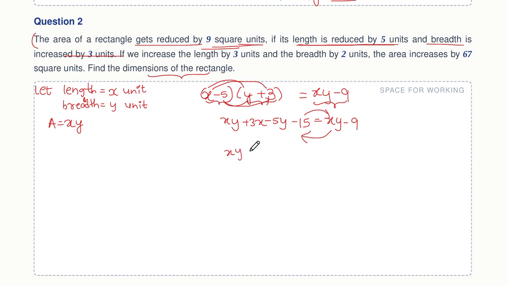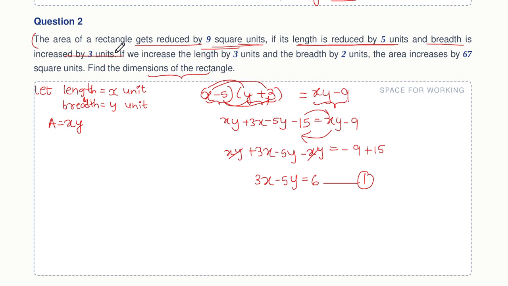So xy plus 3x minus 5y minus xy is equal to minus 9 plus 15. Okay, so this side xy minus xy will get cancelled. 3x minus 5y is equal to minus 9 plus 15, which is plus 6. So this is our equation number 1.